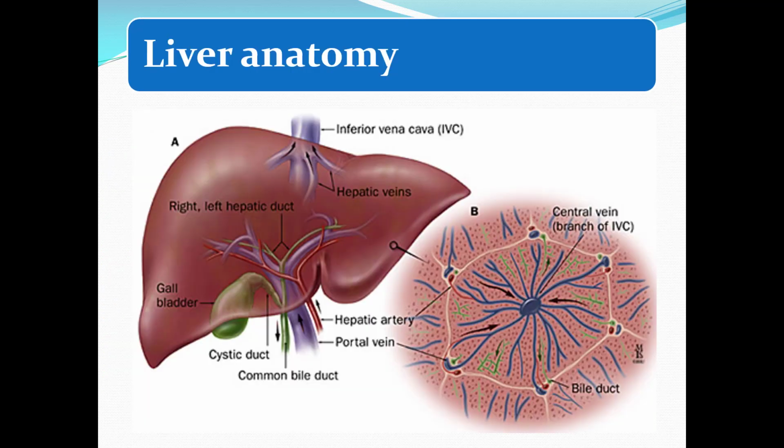Continuing the liver anatomy, you can see the right and left hepatic ducts, hepatic vein, gallbladder, then the cystic duct, which combines with the pancreatic duct to form the common bile duct. You can see the portal vein, hepatic artery, and the central vein branch and other units together.